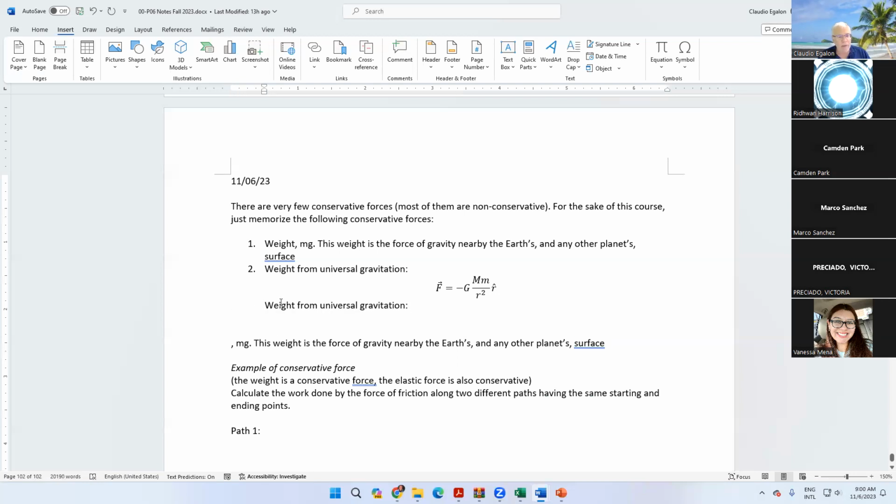There's a very important distinction between this weight and the other one.